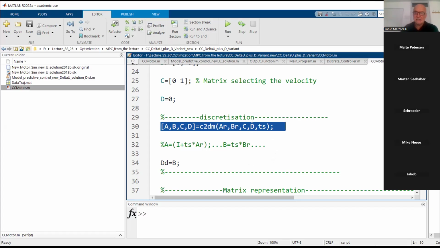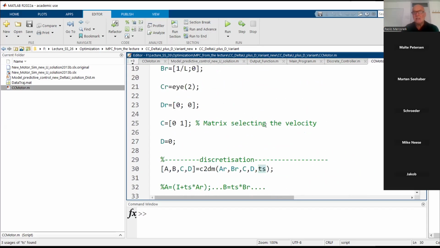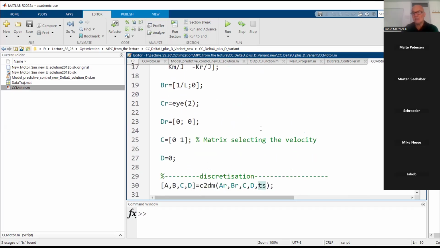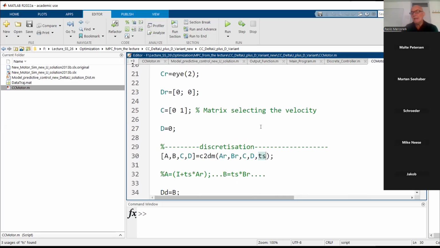Here it is not exactly this. If you want to use it, you have to put some options. Otherwise, do you remember last time we have seen the Euler discretization, forward Euler. But anyway, it's not now focused on discretization.